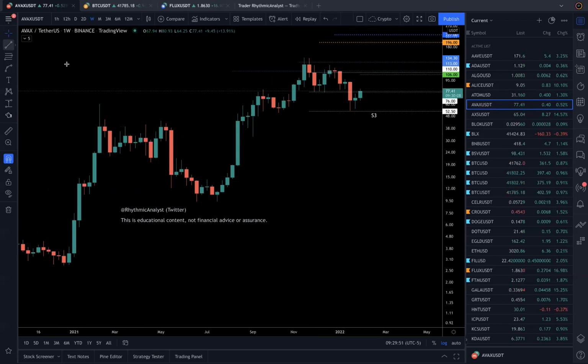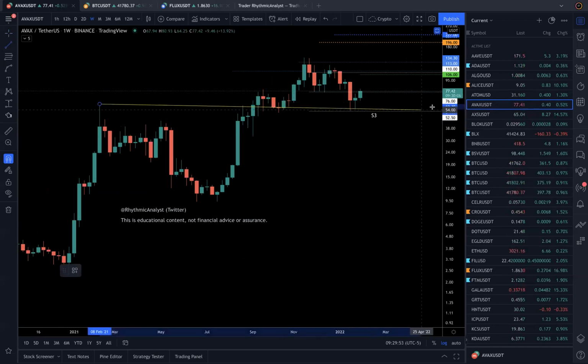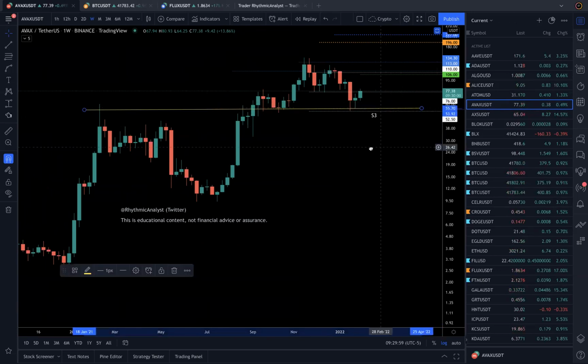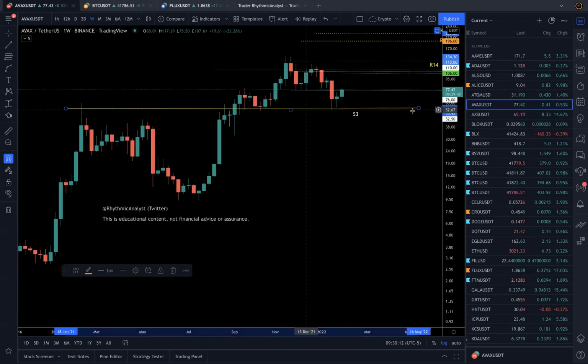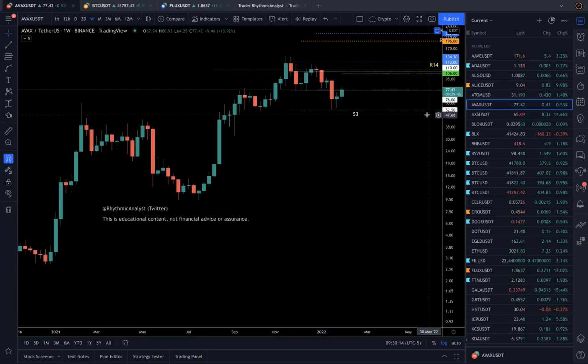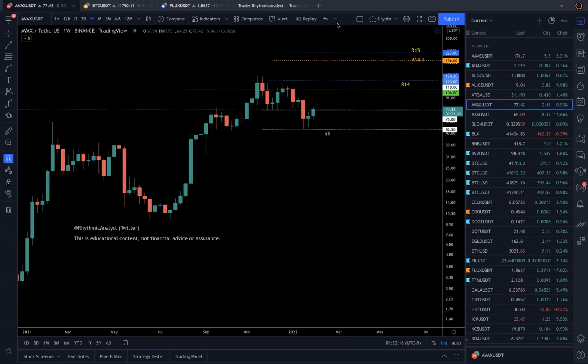If you extend this level like this, then you can say maybe a little bit here, which is fine. See this? This is a retest of this level, and of this point of rejection. That gives you the platform. So basically S3 is your platform for a higher high.